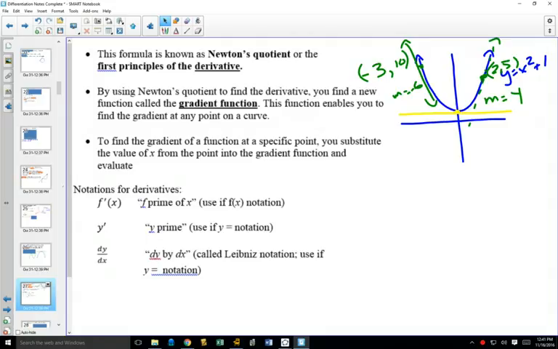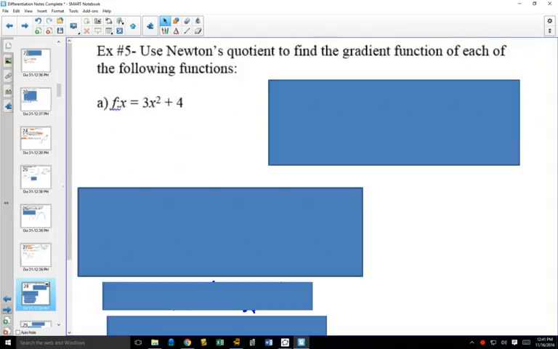It's just the derivative. So what we're going to do is use our definition of a derivative to find the gradient function, or the function that tells us all of the slopes at any point on this graph.